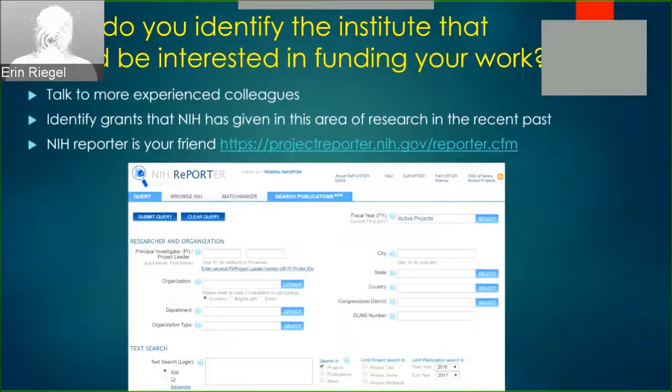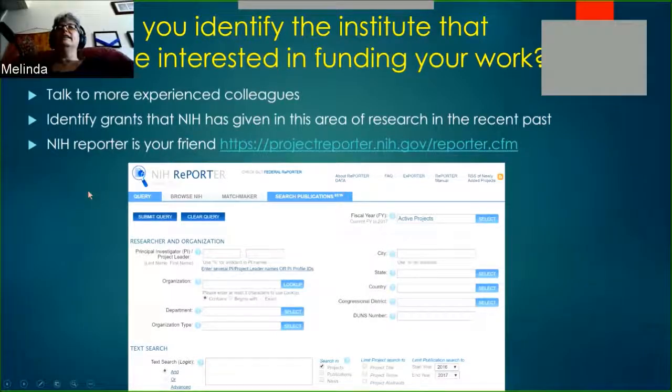Okay, so the grant for a postdoc would be the F32 mechanism. The F32 mechanism is only for U.S. citizens and green card holders. It is not for foreign nationals, but it is the biggest funding that is for postdocs.